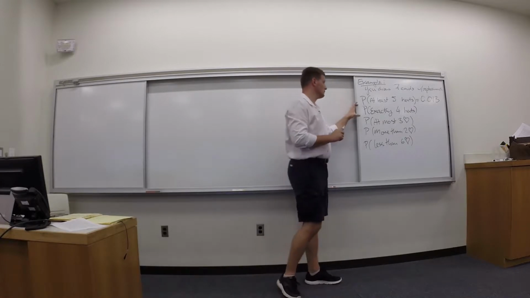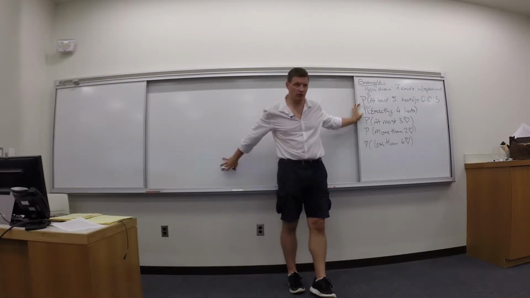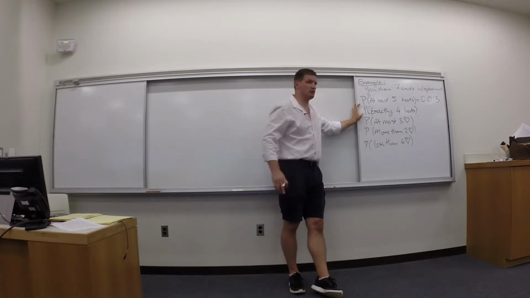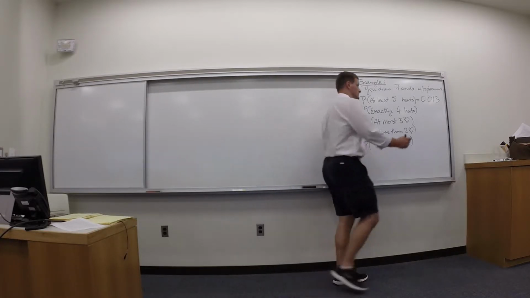So if we look at the next one, it's exactly 4. Again, if you want to be precise, use the whole formula. But if you want to speed up the process, it comes from the table.